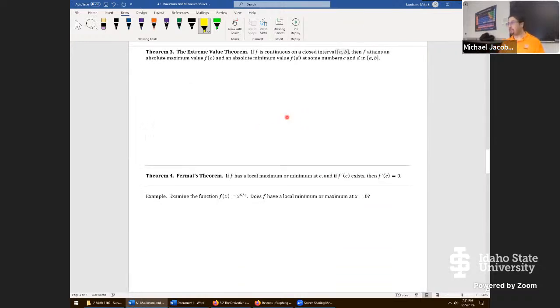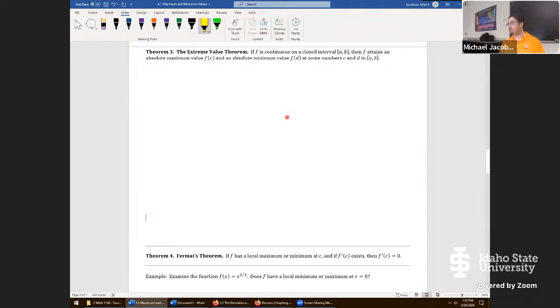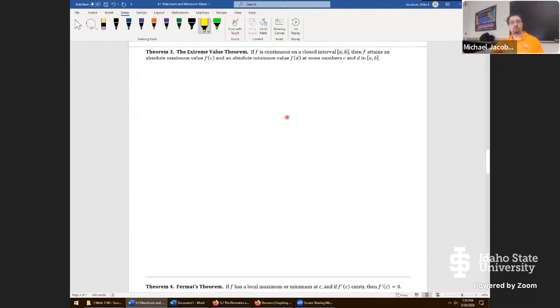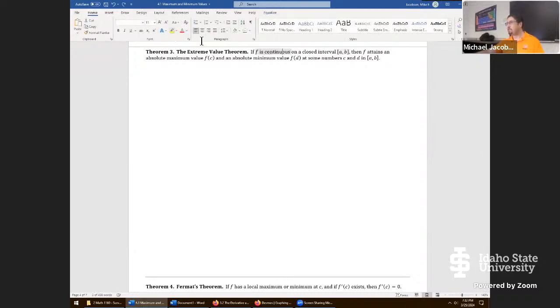First is the good old extreme value theorem. Let's hide Fermat for the moment. The extreme value theorem tells us if f is continuous on a closed interval, let me try again, if we have continuity on a closed interval from a to b, then it's a guarantee at this point.